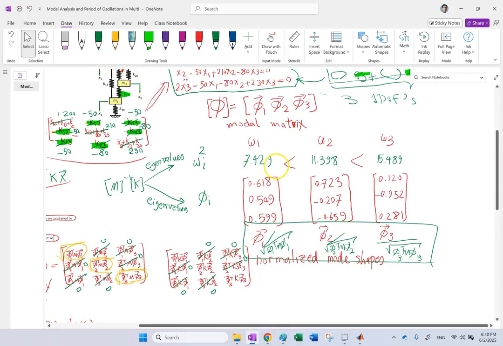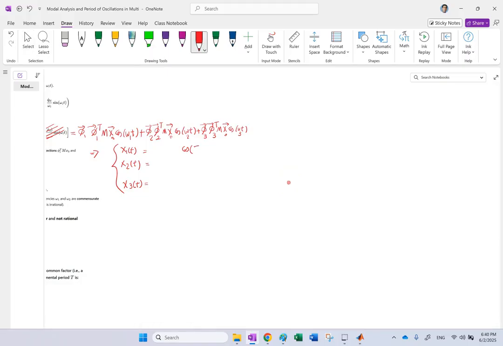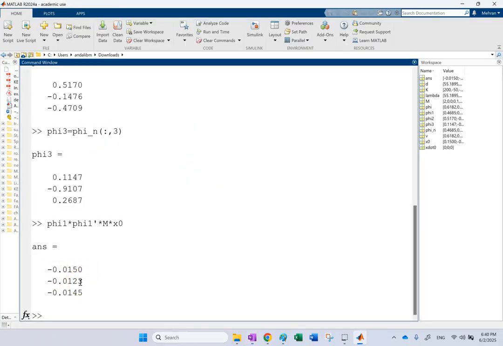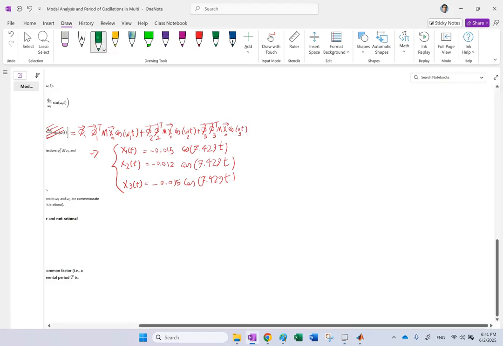Now in this case it's just omega 1, so 7.429 times t, and the exact same thing for these guys. And those coefficients are these numbers, right? So let's write them down. Here I rounded them to 3 decimals, and these are this first term, that's this one here.